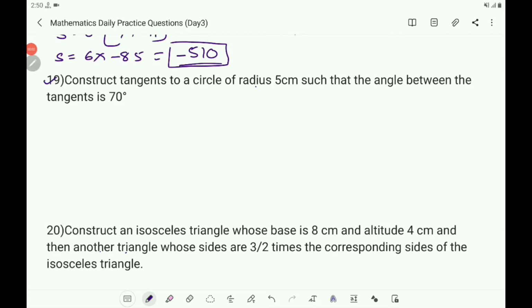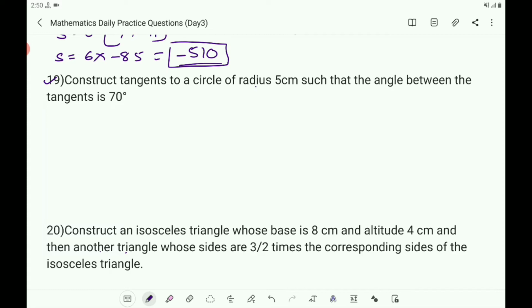Now the 19th question: construct tangents to a circle of radius 5 cm such that the angle between the tangents is 70 degrees. This type of construction is done already in the previous videos, in the construction videos. Children, you go through the construction video lessons and do the construction.